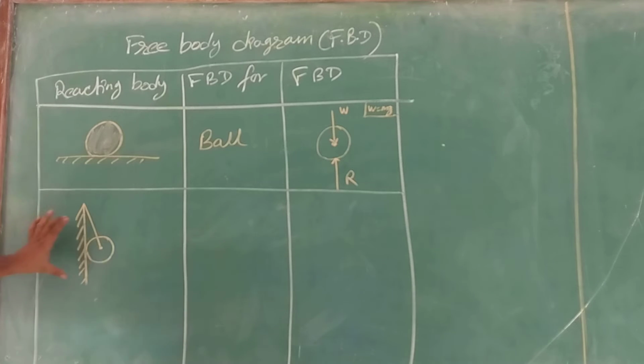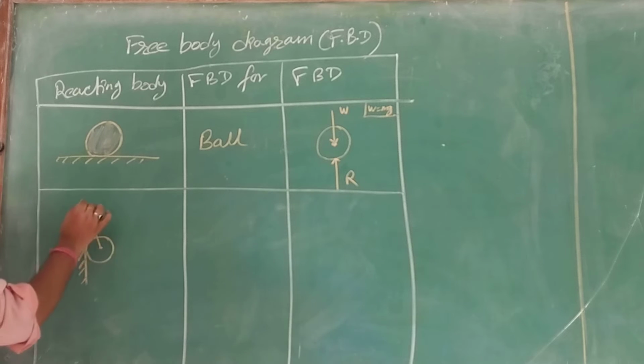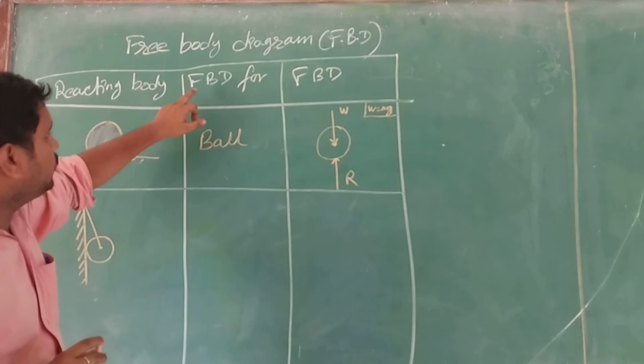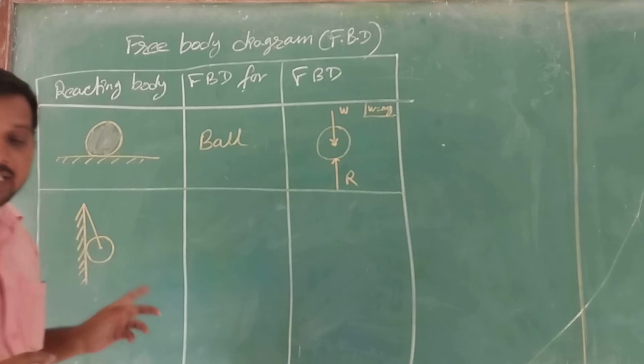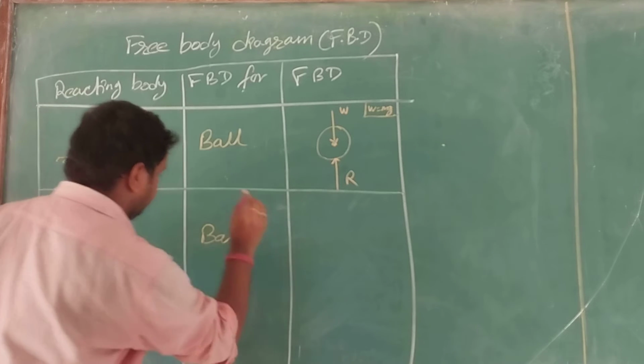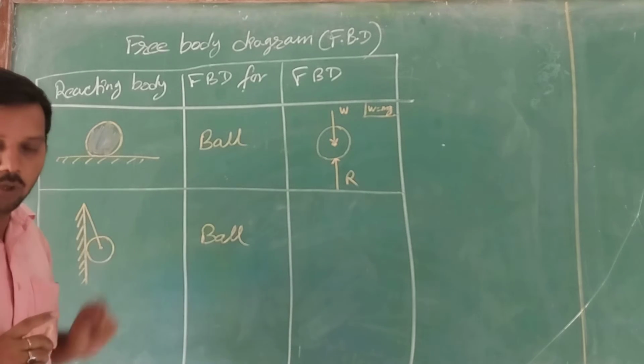This is my wall, and I am hanging this ball with a string. Now, my aim is to find the FBD for again the ball. Our aim is to find again the FBD for this ball.